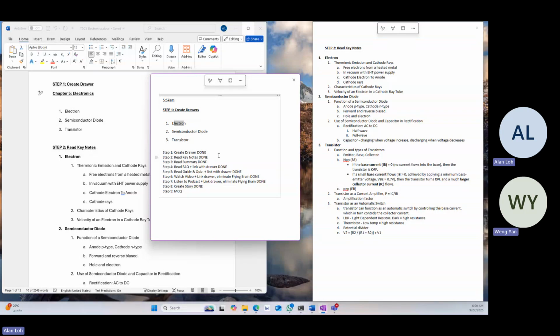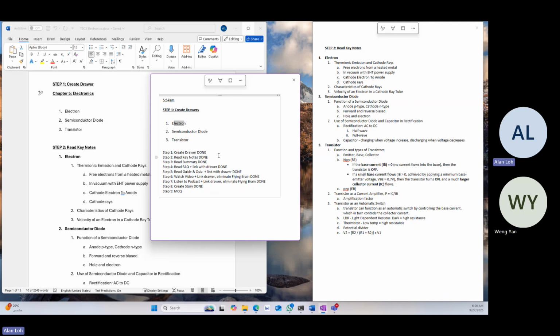All right. Hold on, let me think. So electrons, there's like thermionic emission, if I remember correctly. Electrons are emitted from the cathode.